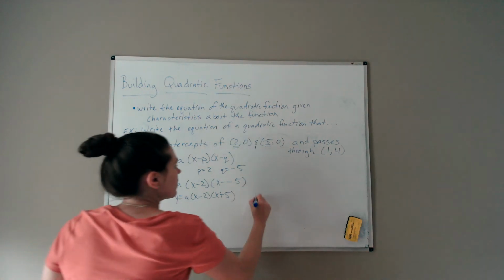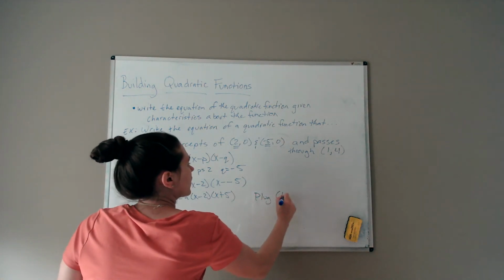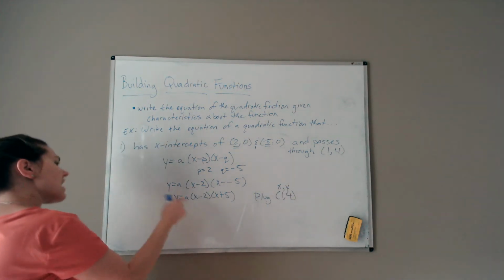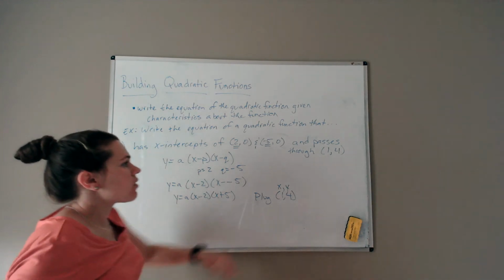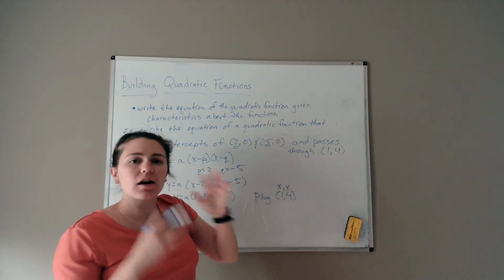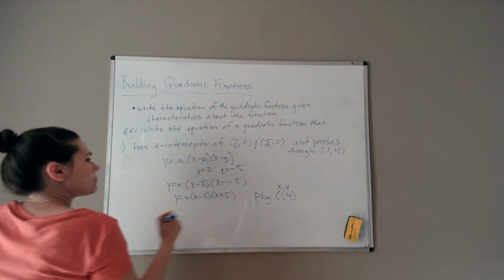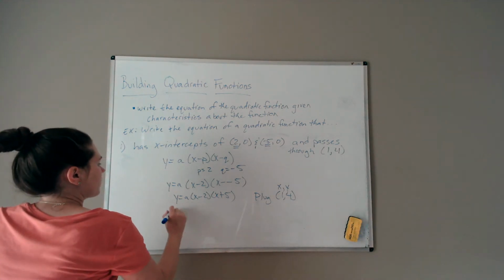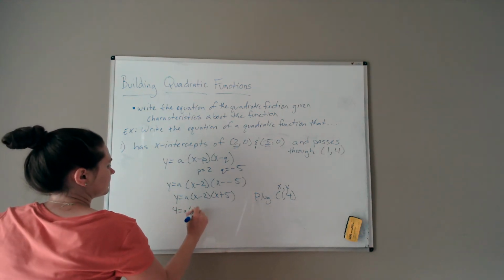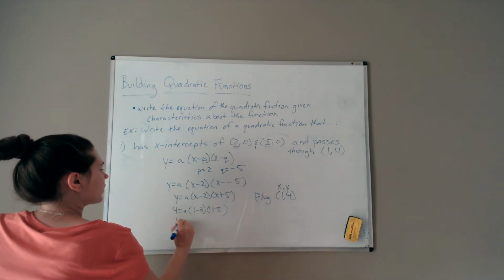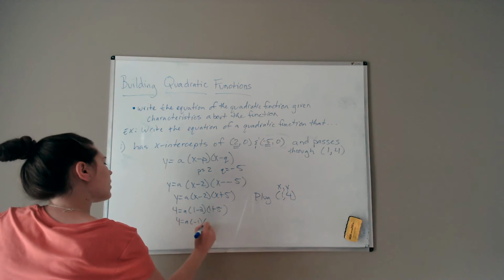So you plug in (1, 4) for x, y, so that you find the right a value, because remember, all of the points that fall on a function make the equation true. We plug in 4 for y and 1 for x, and we get 4 equals a times -1 times 6.